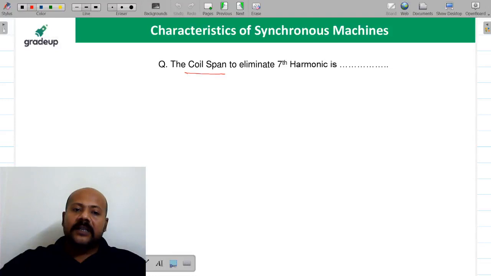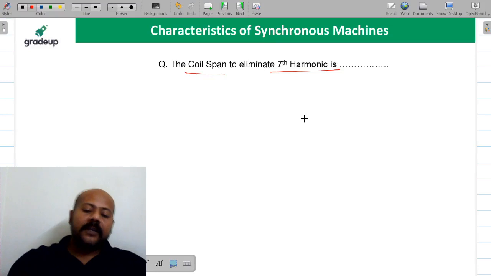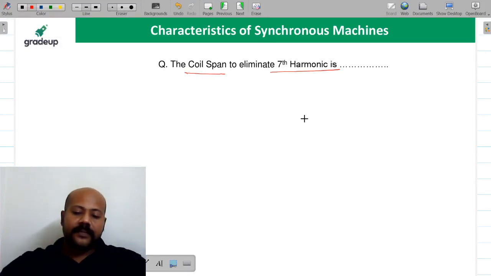The coil span to eliminate the 7th harmonic, how much coil span should it be? In terms of pole pitch, you tell me. Quickly solve this problem.